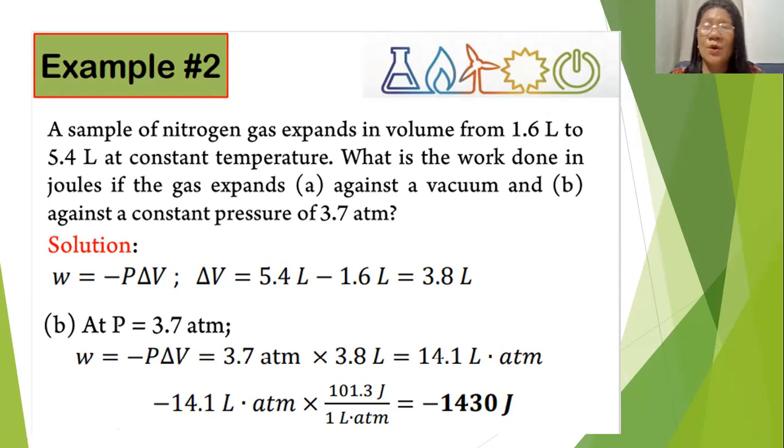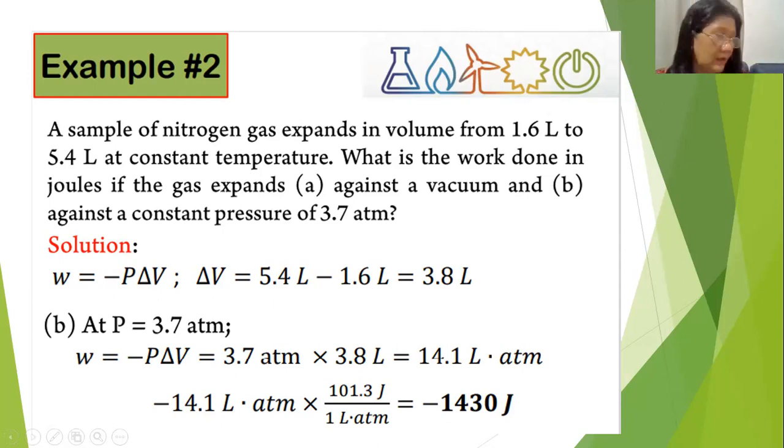So your initial volume is 1.6 and your final volume is 5.4. What will be our work against the vacuum? Take a look. This work done in joules is applied with constant temperature. Therefore, work is equal to negative pressure multiplied by change in volume.